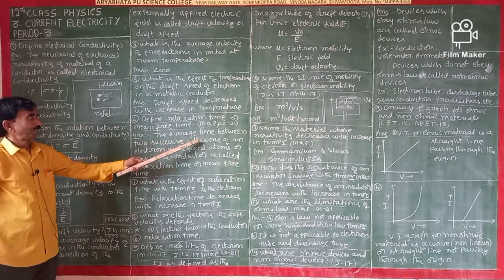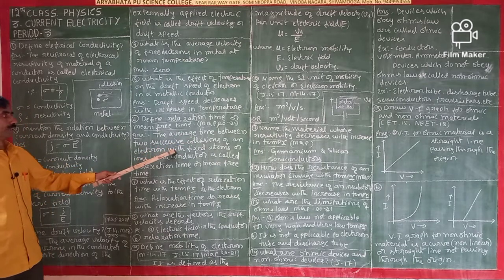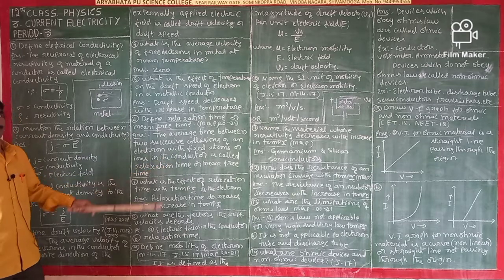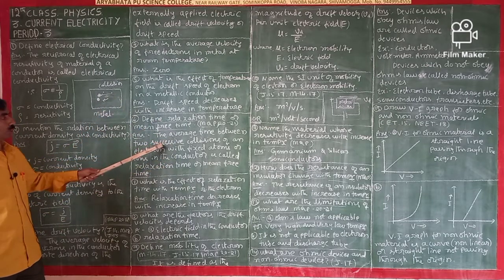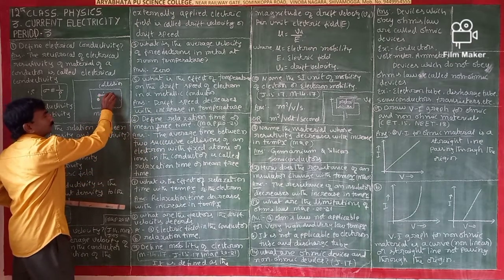The average time between two successive collisions of an electron with fixed atoms or ions in the conductor is called relaxation time. This is one collision, and then they come to the next, successive collision.